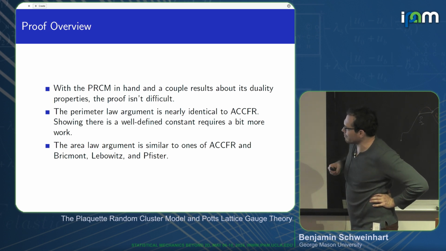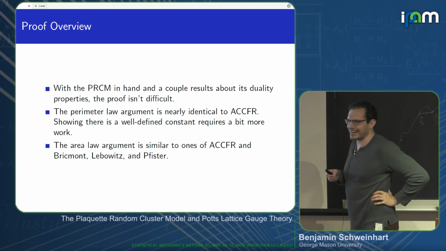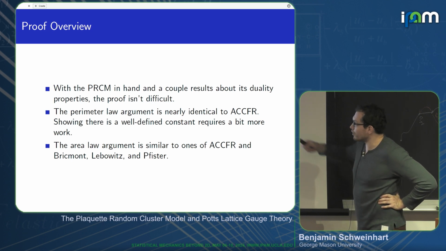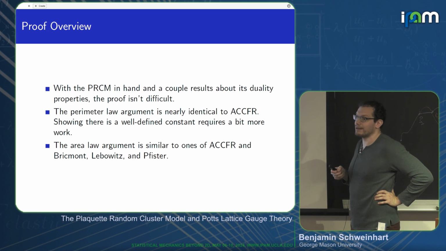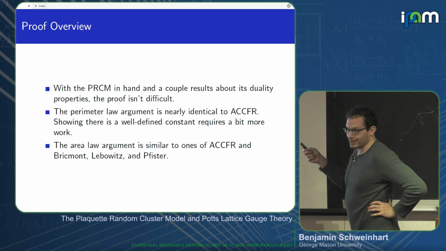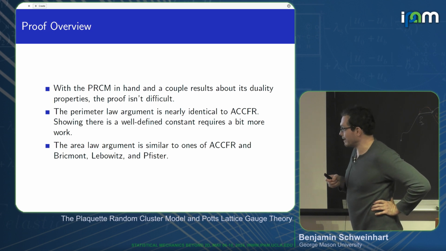In fact, the perimeter law argument is nearly identical to that of the original one, though showing that there is a well-defined constant for any averaging family gets a bit more difficult because of boundary conditions. If you want to know the details of that, that's in the paper.